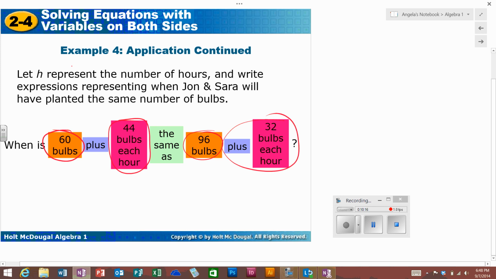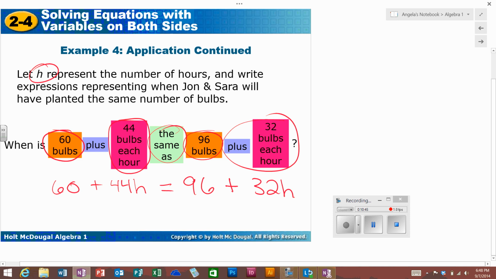We're going to use H to represent the hours, okay, because we don't know the number of hours. So 60 plus 44 each hour, that means 44 times each hour, is the same as, means equal, 96 bulbs plus 32 per each hour. So we have our equation. 60 plus 44H equals 96 plus 32H.